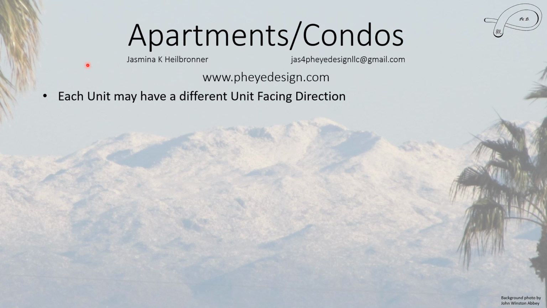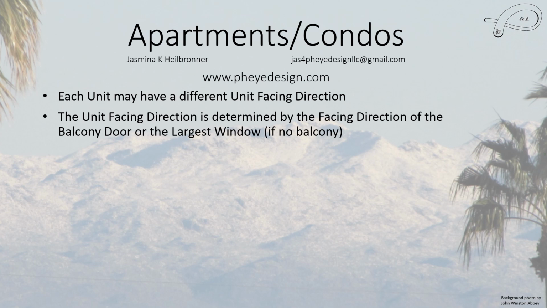Now, each unit within a building can have a different unit facing direction. It depends on how the building is laid out. And the unit facing is determined by the facing direction of the balcony door or the largest window if you don't have a balcony.